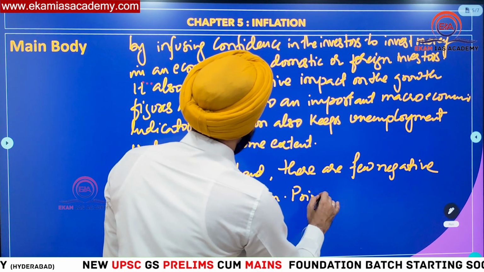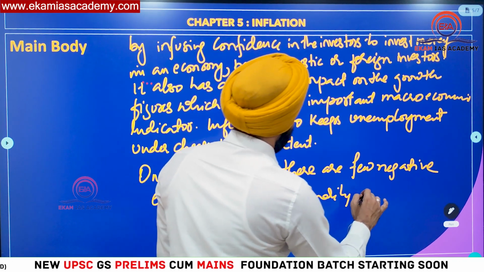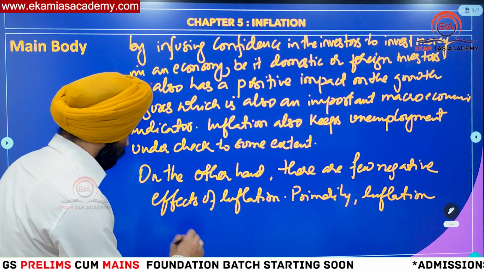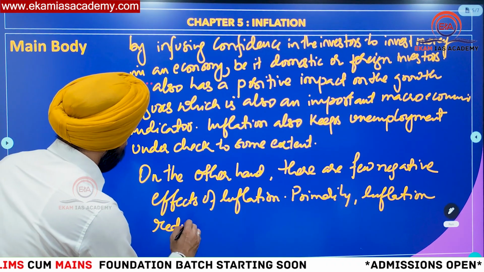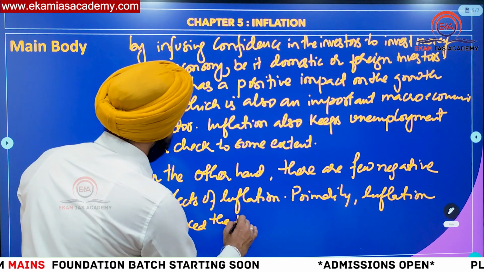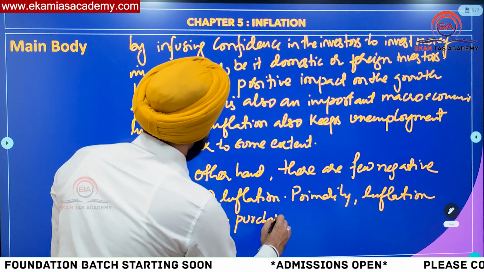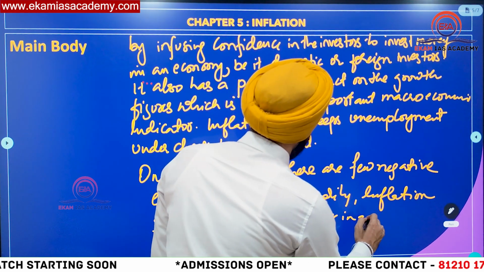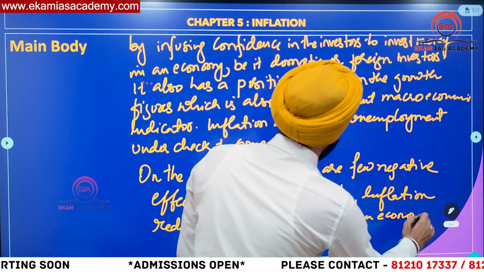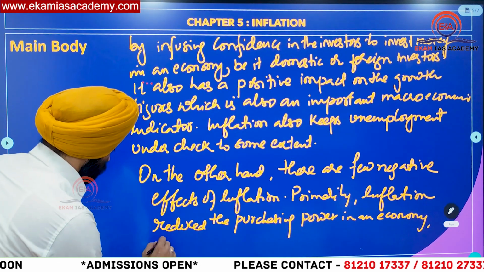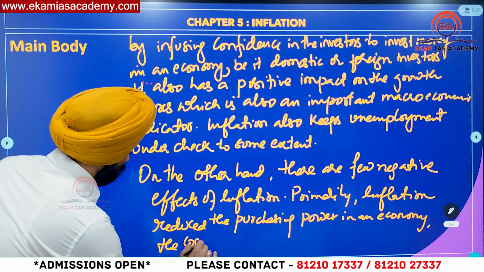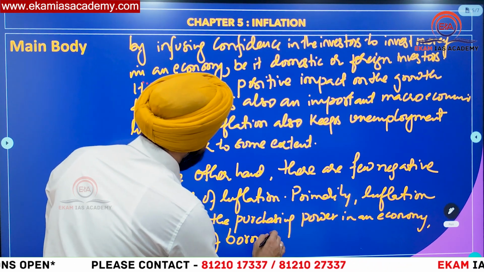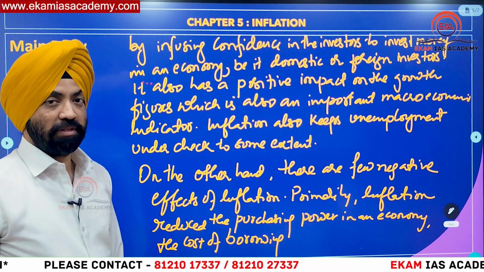Primarily, inflation reduces the purchasing power in an economy. The cost of borrowing: what happens in inflation?